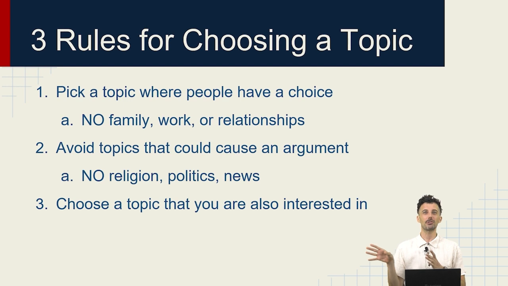The reason you shouldn't choose those 3 is that they're more personal, and it could lead to more of a negative conversation. So okay, movies would be great. Talk to people about movies, TV shows, books, all great. But talking to someone about their relationship with their mom might not be the best idea.